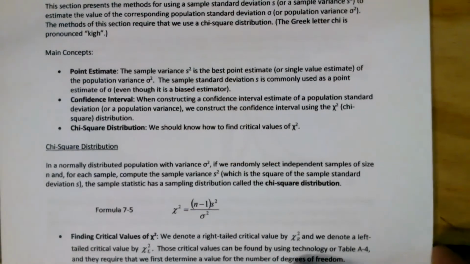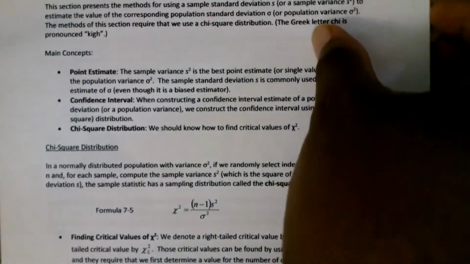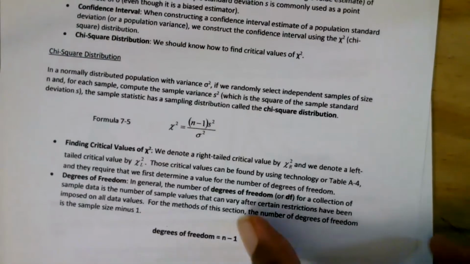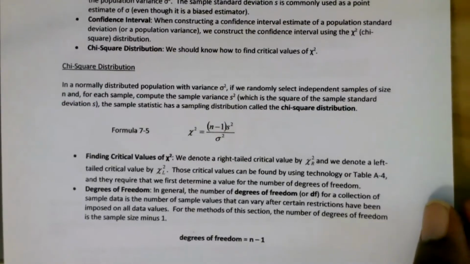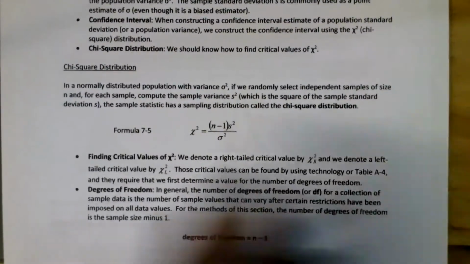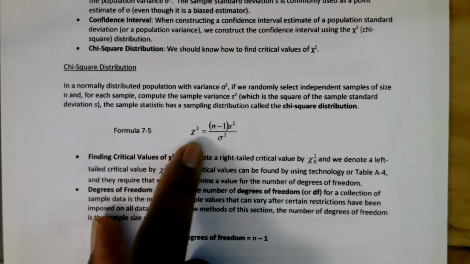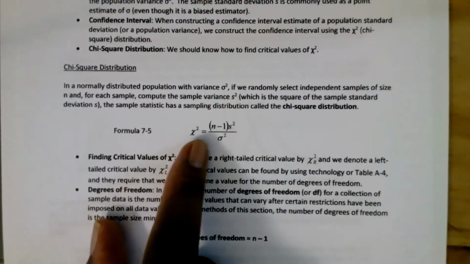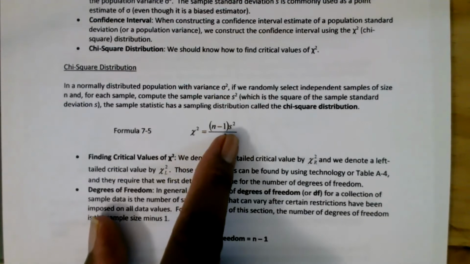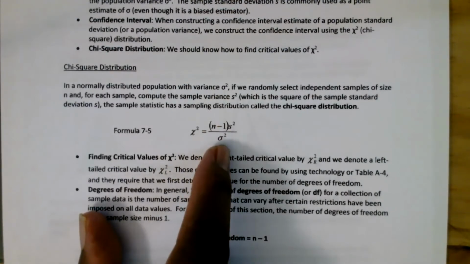All right, so the chi-square distribution is this. Now here we're going to use the formula for the chi-square, and that is, of course, n minus 1 times s squared divided by sigma squared.